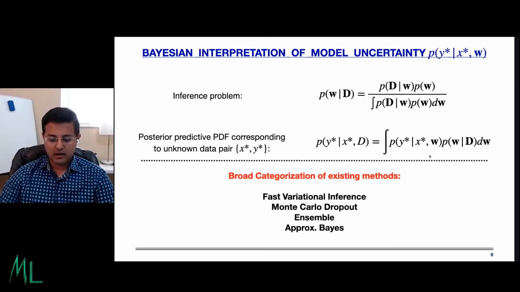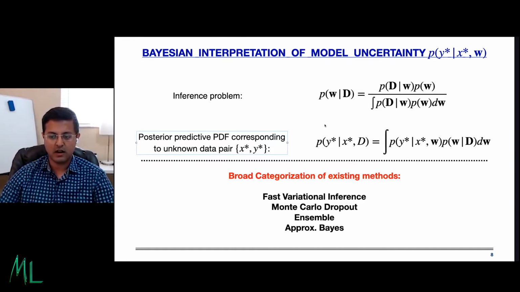The typical methodology for model uncertainty has always been the Bayesian methodology. That involves an inference problem where you have to estimate the probability of weights given a training data set. This involves a huge marginalization problem, which is terribly expensive to compute. That's why Bayesian neural networks have really not come to the forefront. The posterior predictive PDF is basically a marginalization problem over the weights.